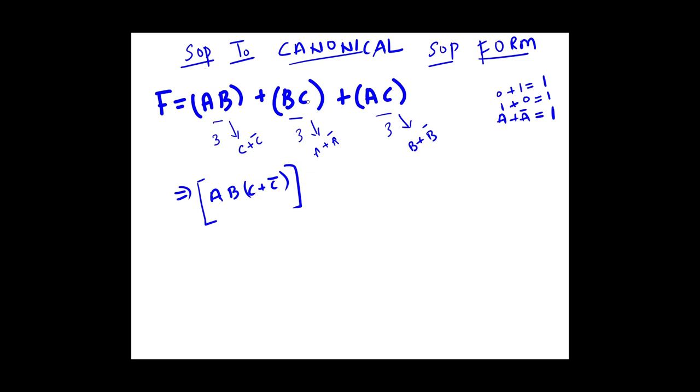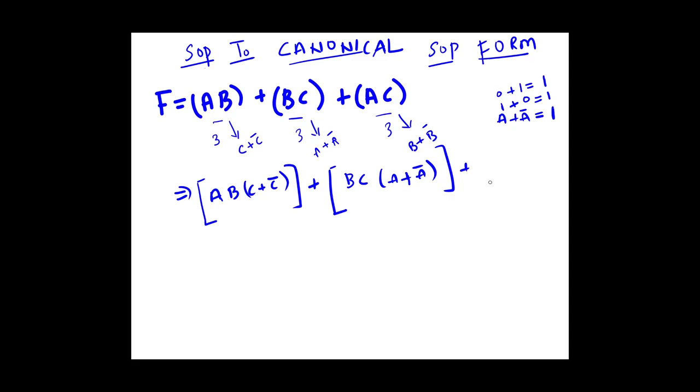This is one minterm. Then here I don't have the literal A, so I just need to add A plus A bar. That is B, C, A plus A bar.